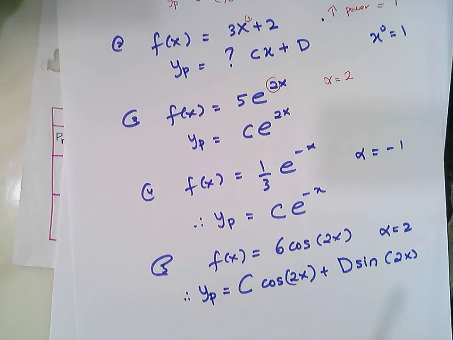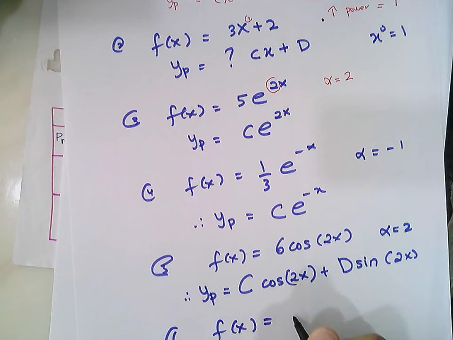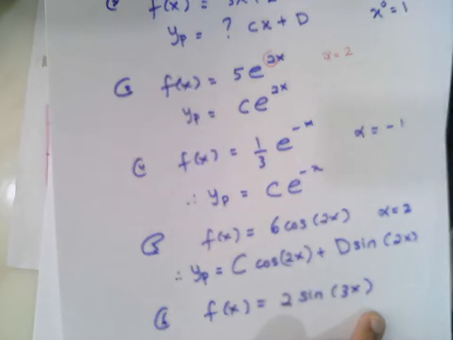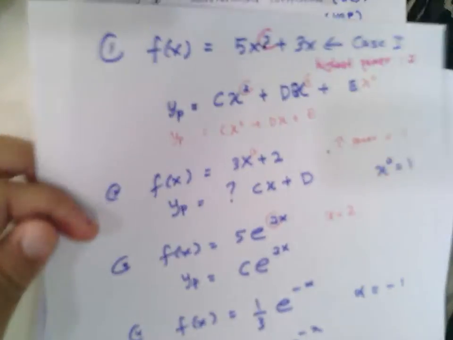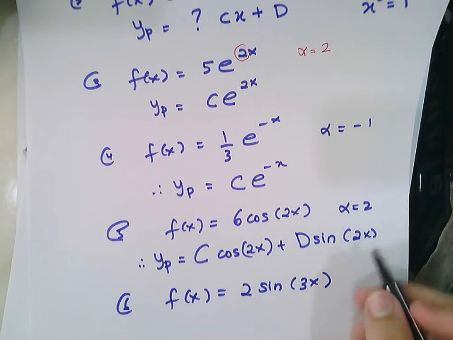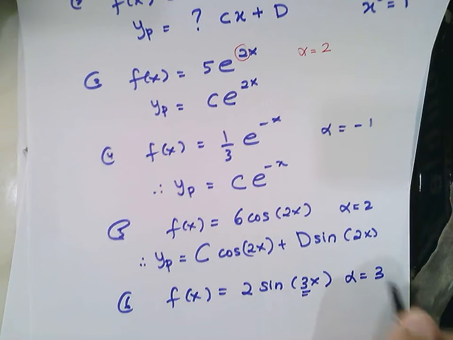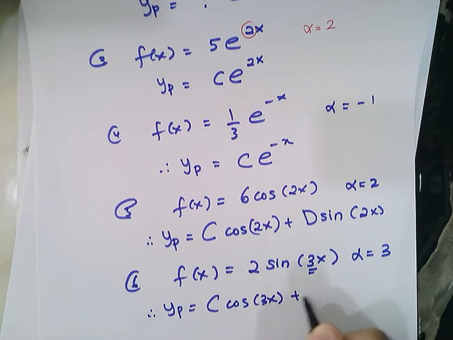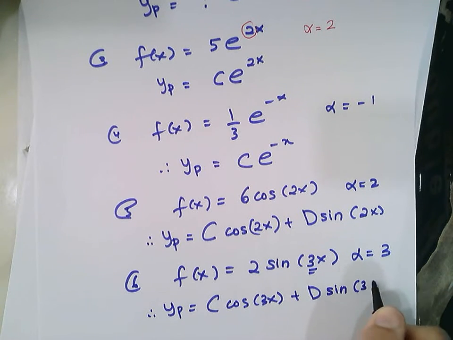Let's say you have this one, your fx is equal to 2 sine 3x. So what is your alpha here? Your alpha is equal to 3. So your suggestion for yp will be c cos 3x plus d sine 3x.